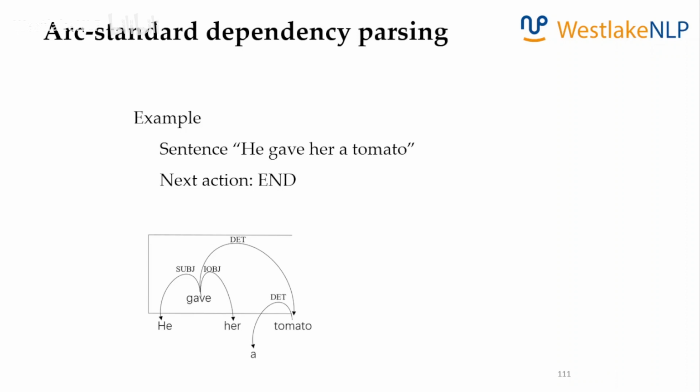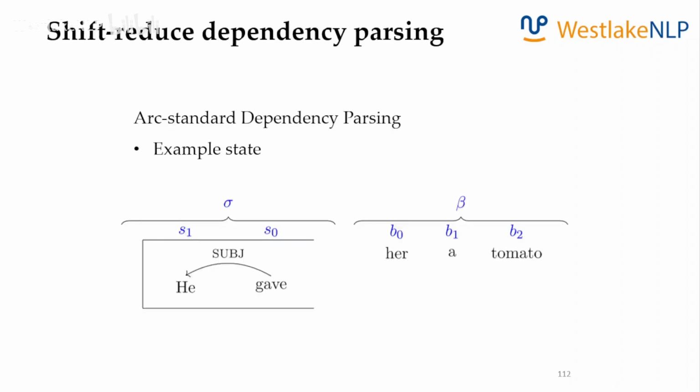And how do we define the features? So I first show you an example state where the front items on the stack are shown as S0, S1, etc. and front items on the buffer are shown as B0, B1, etc. Again, to predict the next action, you need to extract rich features from the stack and the buffer.